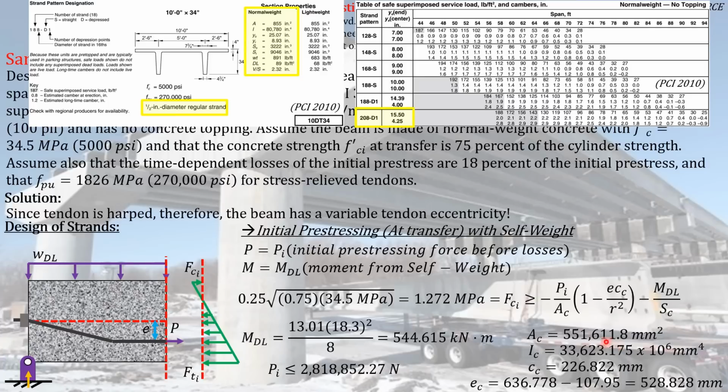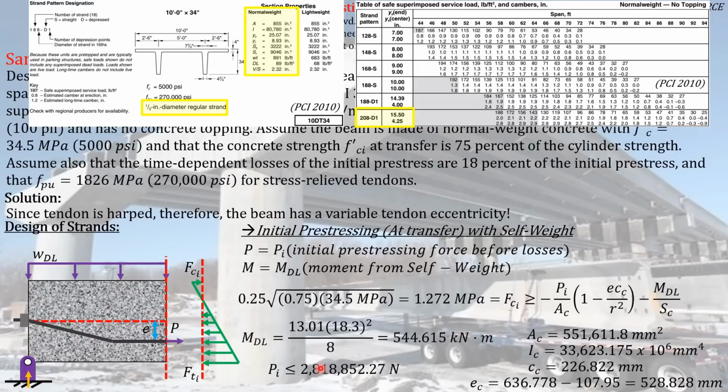So if you will just substitute all of those terms on this equation and equate it to 1.272 megapascal, with just ensuring that you have consistent units, you can see that PI, the initial pre-stressing required so that the tensile stress that will act on the concrete element at transfer stage will not exceed the allowable, is just equal or less than this value that you are seeing here.